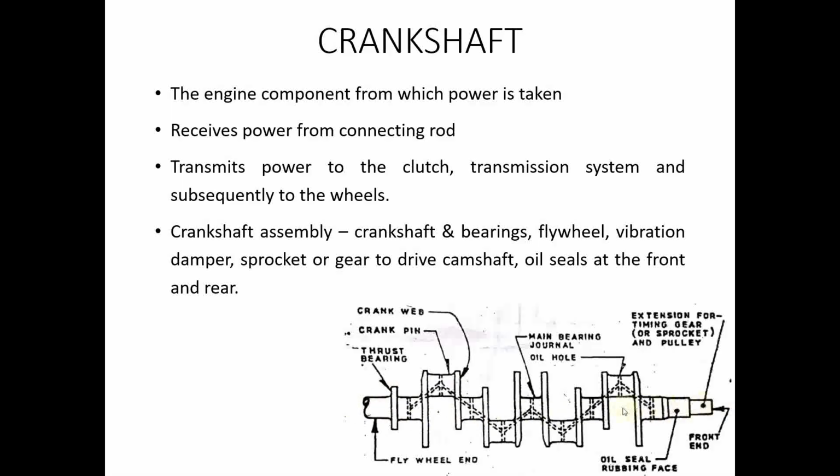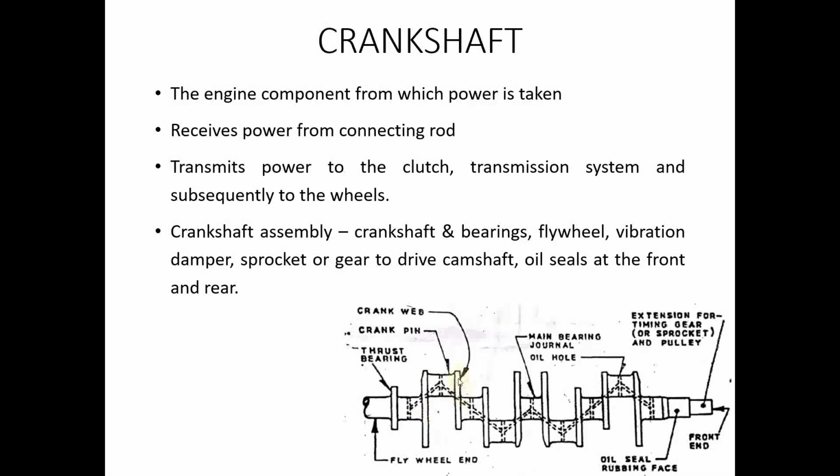If you draw an axis through the center of the crankshaft, the axis of this crank pin is lying at a small distance from the center of this crankshaft. That means it is offset by a small distance. And this offset distance tells you the amount of the stroke length that is happening. It is also mentioned as the crank throw.